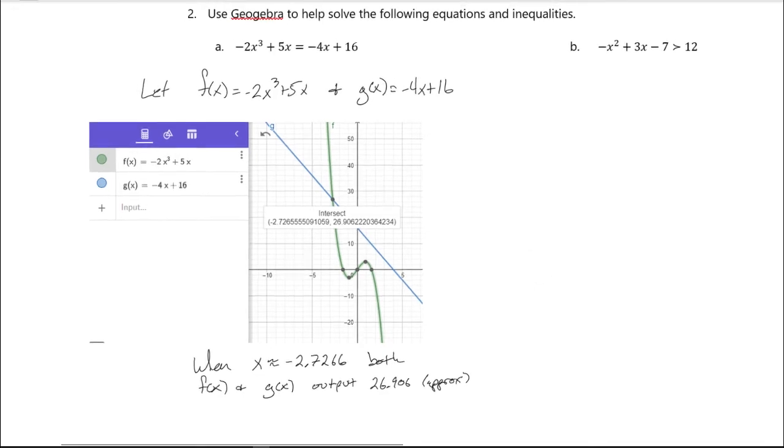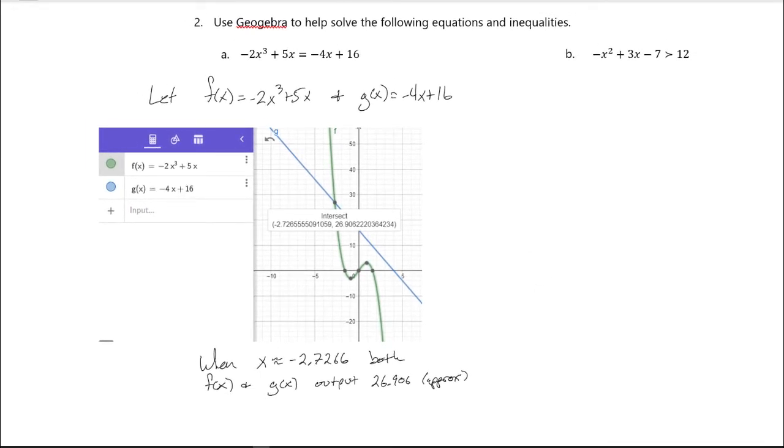So that's when the left and right side of the original equation, negative 2x cubed plus 5x equals negative 4x plus 16, are equal. So that means that negative 2.7266 is our approximation of the solution.